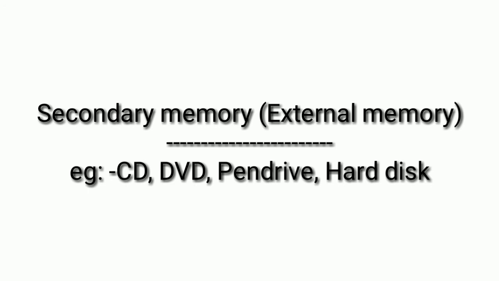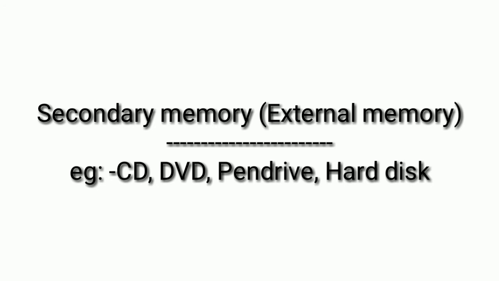All these are examples of secondary memories. Secondary memories are not compulsory for the working of a computer. Without secondary memory, the computer will work. But primary memory is compulsory; without primary memory, the computer will not work.